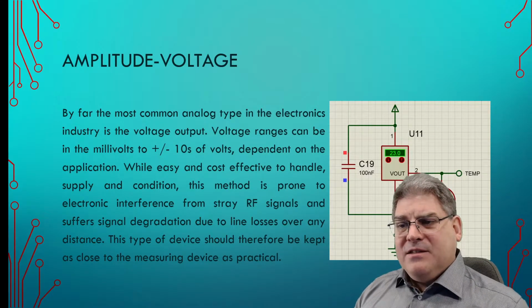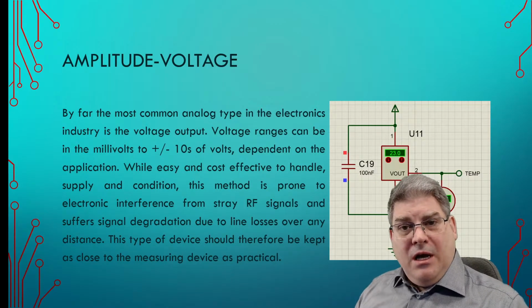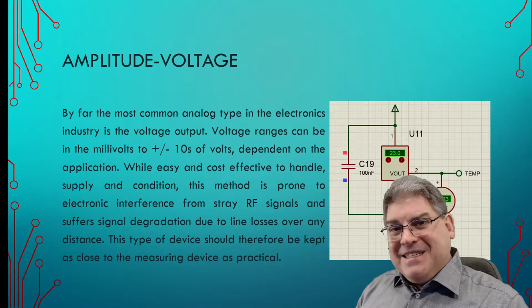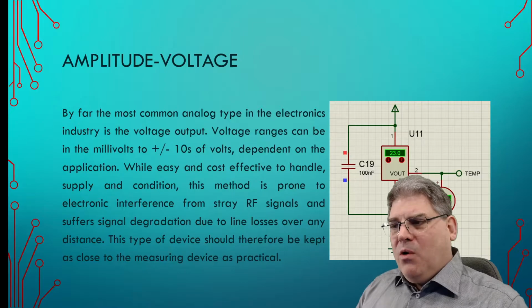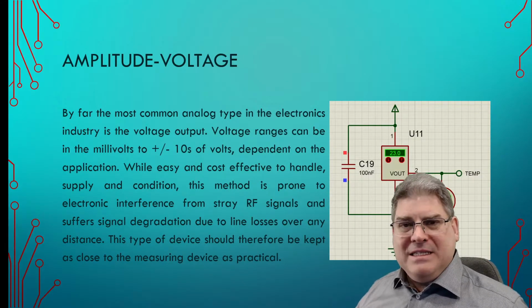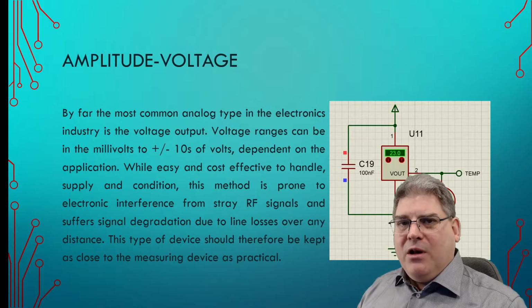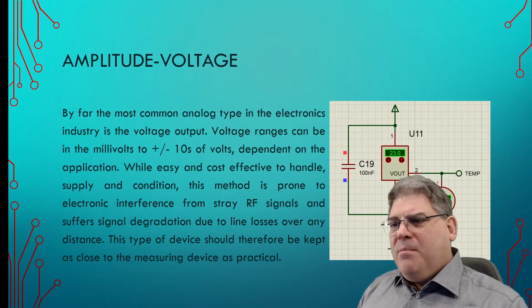Now, this has some issues. The biggest one being over distance. Obviously, there is resistance in the wires, and so we're going to get a degradation of that signal across long distances. So, being able to measure very close to this device is a good thing.